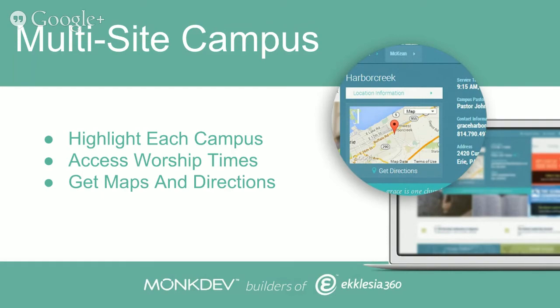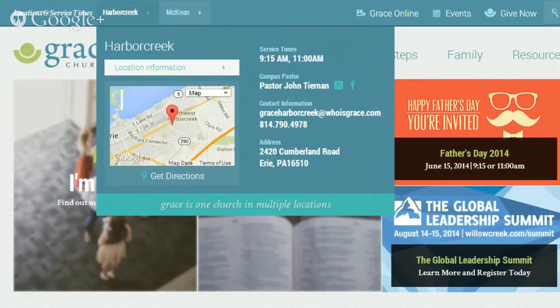This is Grace Church, and they've got 2 campuses right now, and you can see when you hover over the different items on their website, this pops down and gives you everything you need. You've got the service times, the campus pastor, you can connect with them through email and Facebook, you've got the email for the church, their phone number, their address, you can click get directions, and you can also go to location information.